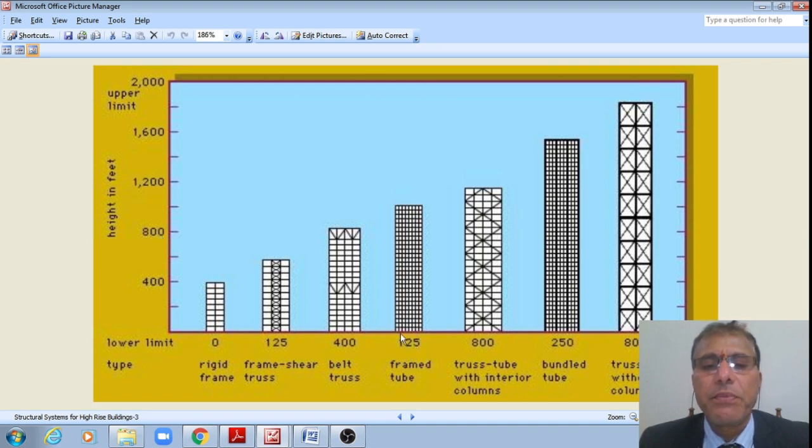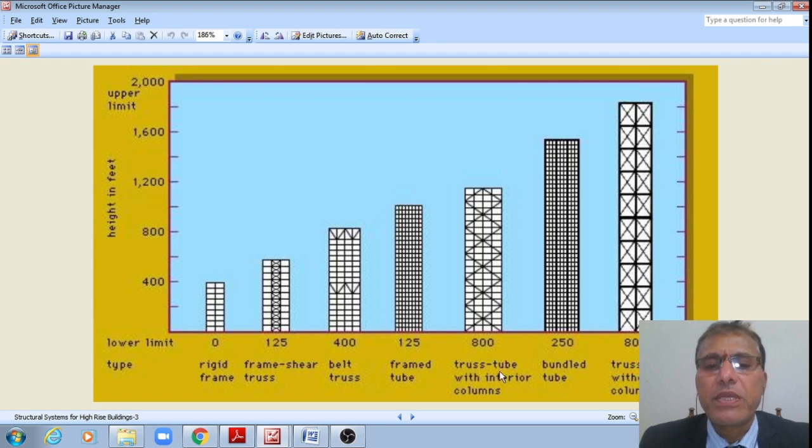Next one is framed tube with a minimum height of 125 feet. 125 feet means approximately 12 stories, to a maximum of approximately 1000 feet. 1000 feet means approximately 100 stories.